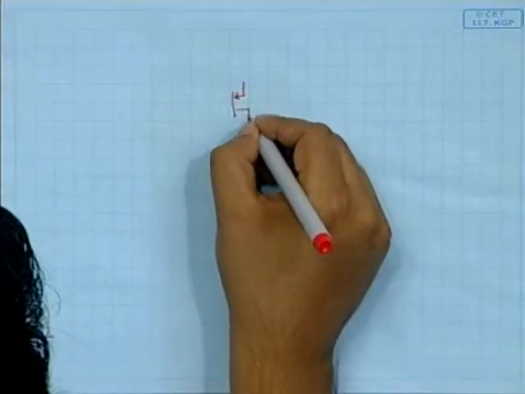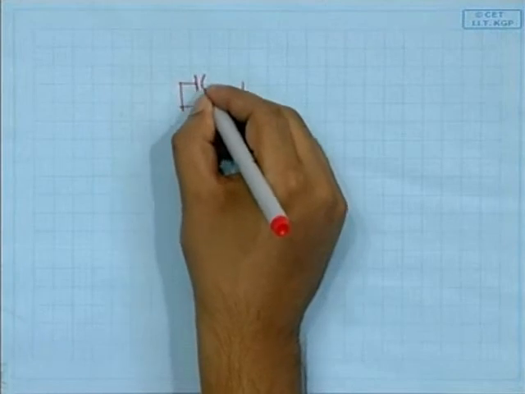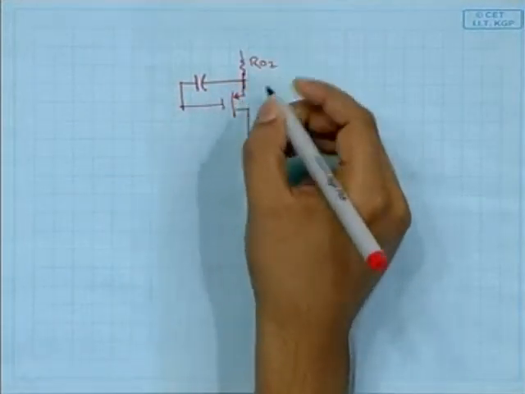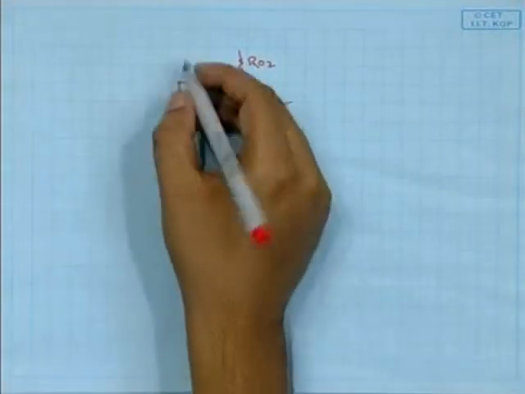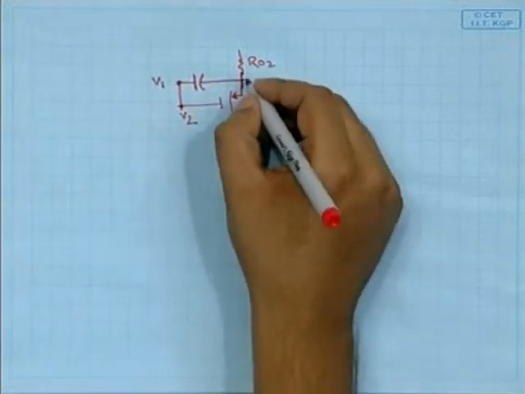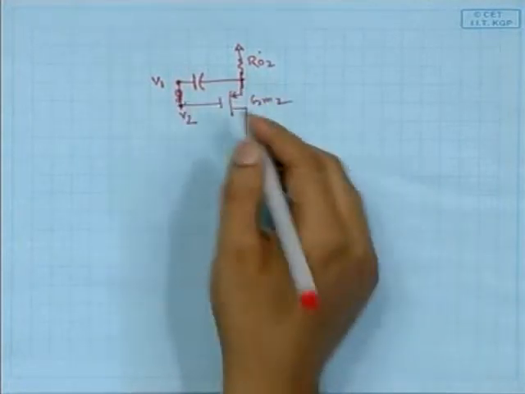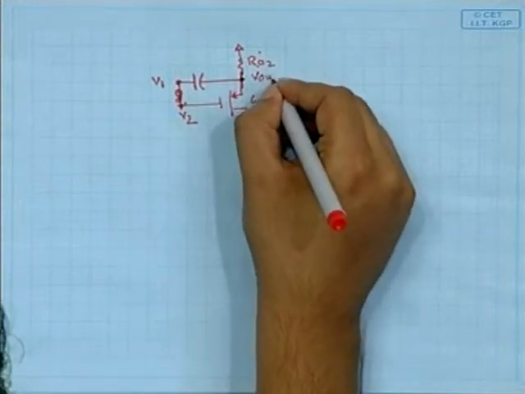Suppose this is R02, this is Gm2, and if we apply the superposition theorem, suppose a voltage V1 we apply here, and another voltage V2 here. So using the superposition theorem, what will be the output voltage?